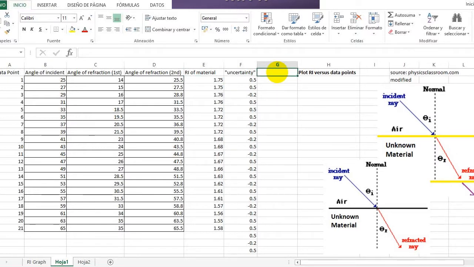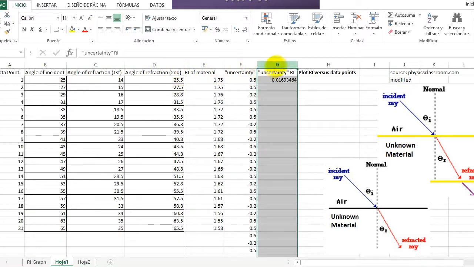So I'll put in uncertainty for the refractive index. I'll just do RI. So I calculated the uncertainty, and I get this number. Notice that sometimes when we do calculations, we get this long-running decimal, and you might have had that actually for some of these other calculations.